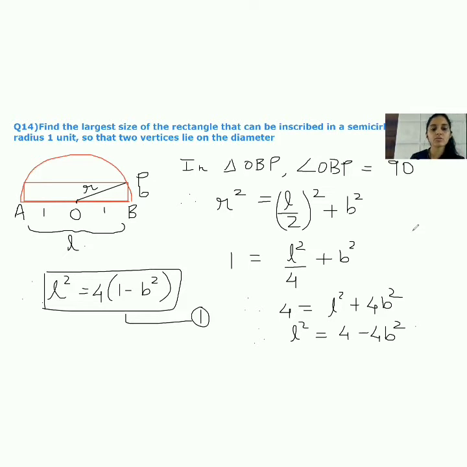Now, let us go to the derivative part of it. It says find the largest size of the rectangle that can be inscribed in a semicircle. That means we have to find the area of the rectangle, which should be the largest. If I find the length and breadth of this largest rectangle, I get the maximum area, right? So area of the rectangle is length into breadth.